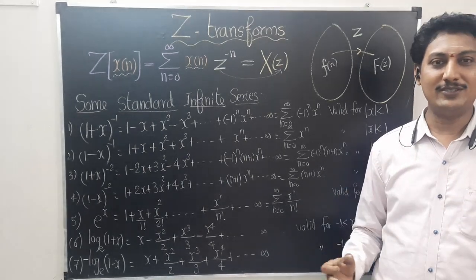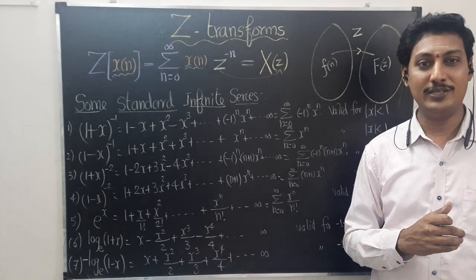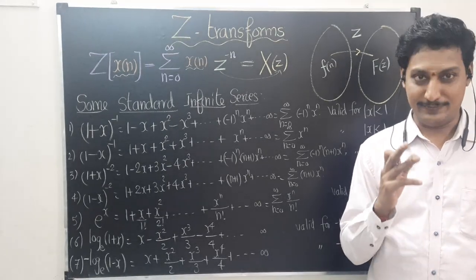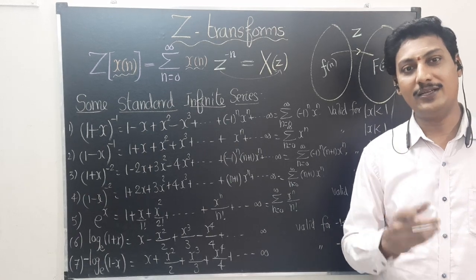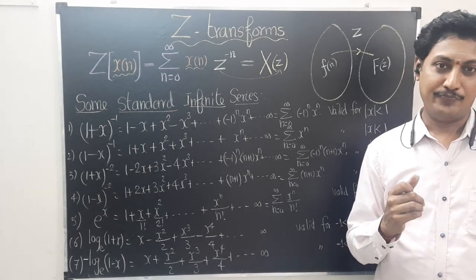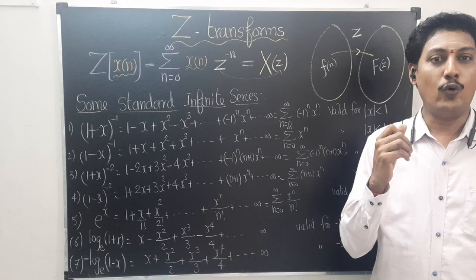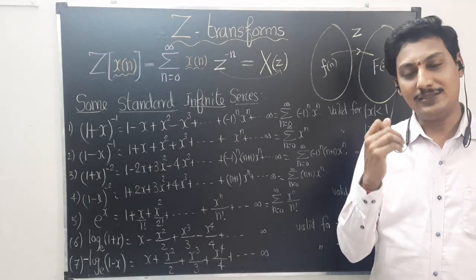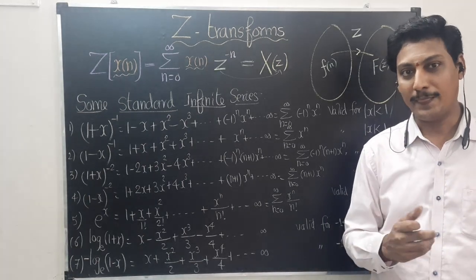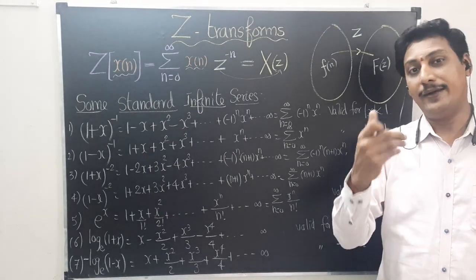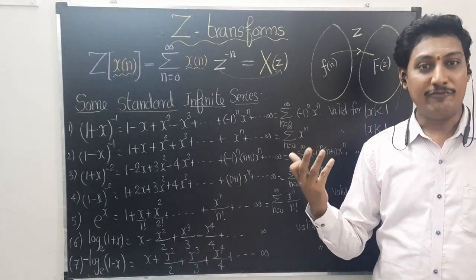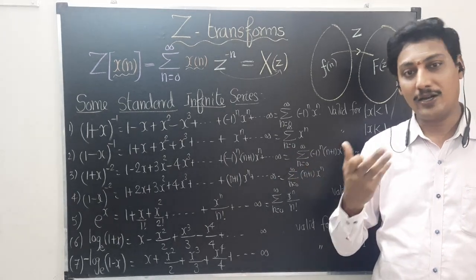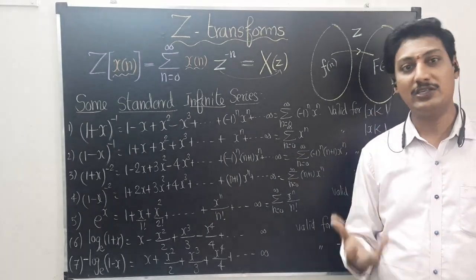Particularly, Z transforms is mainly used in signals and systems. If you are studying under the circuit branches, or if you have open elective subjects like signals and systems, digital image processing or digital signal processing, because nowadays all the communications are through signals, which can be transmitted via periodic functions.